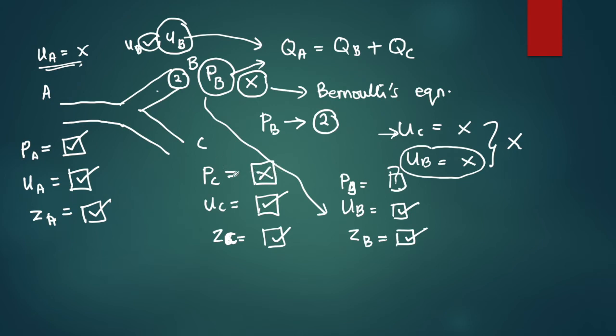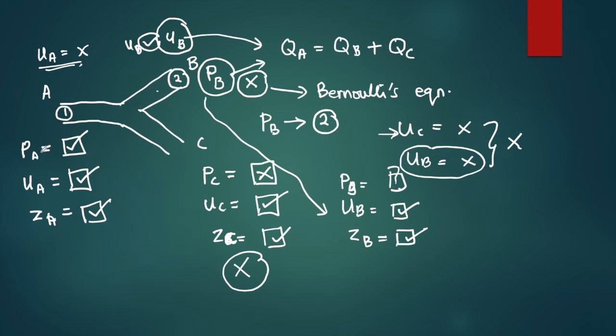At point C we do not have pressure, so point C cannot be chosen as our point number 1. Therefore, our point is A, because we have PA, UA, and ZA values. So to solve for PB, the pressure at B, your Bernoulli's equation must apply at point 1 and point 2.